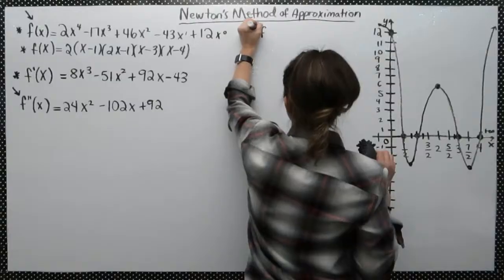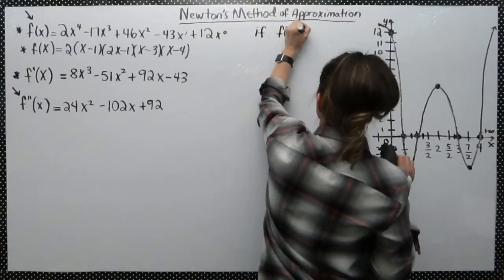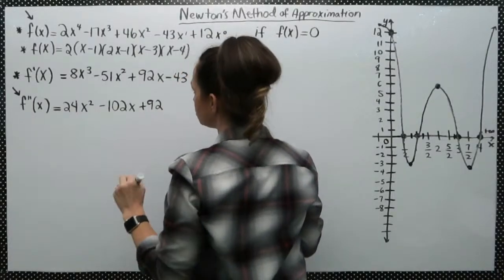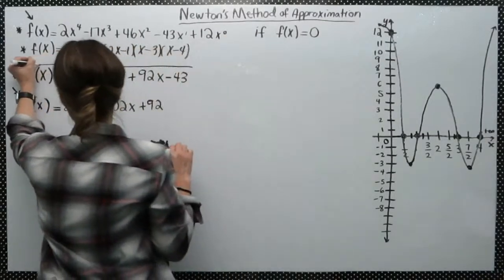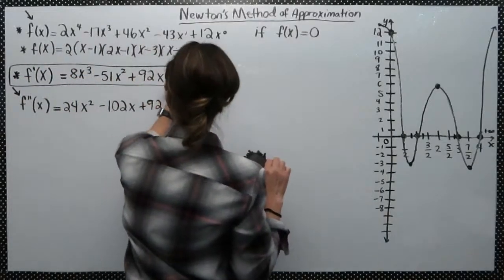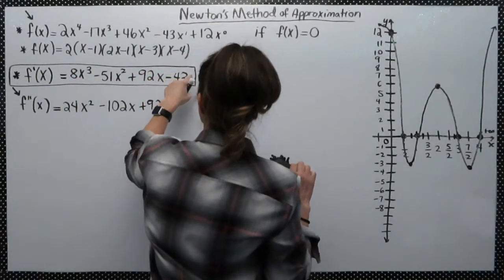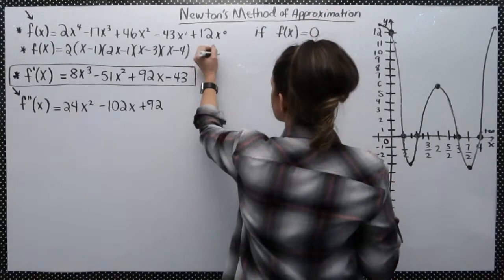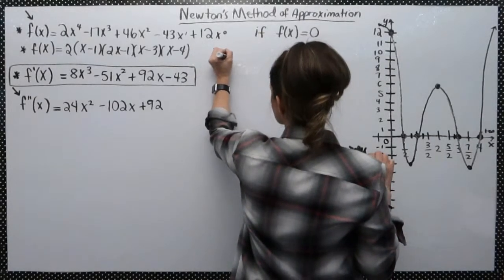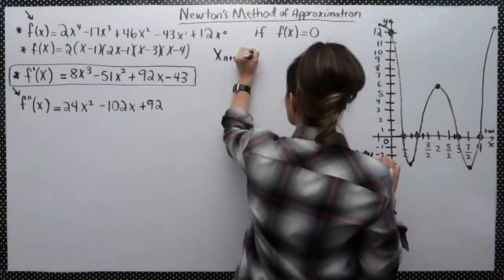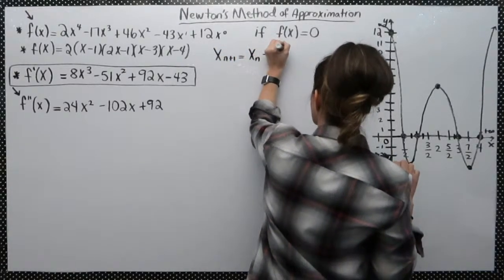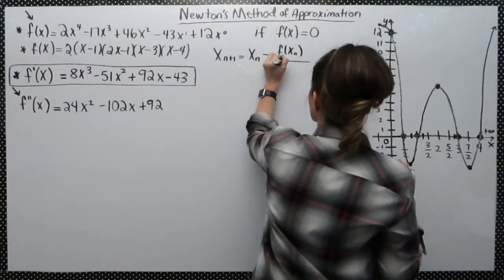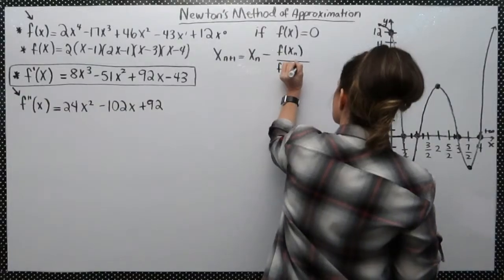So if f of x equals 0, and in this case, we are going to treat this function as our f of x. This is our f of x here. So Newton's method says x sub n plus 1 equals x sub n minus f of x sub n over f prime of x sub n.